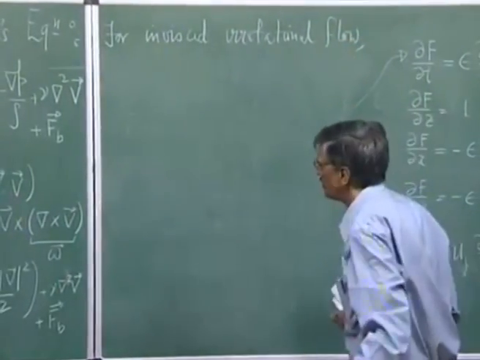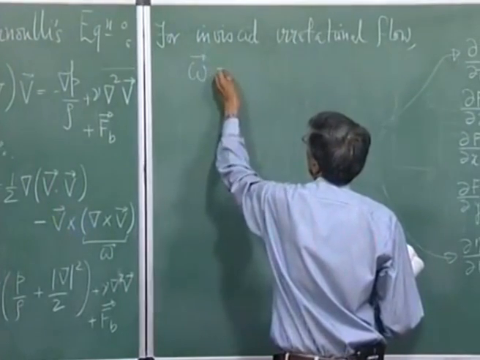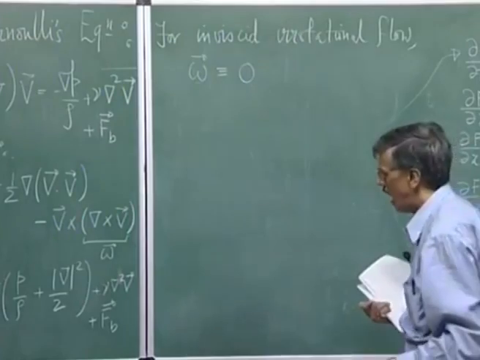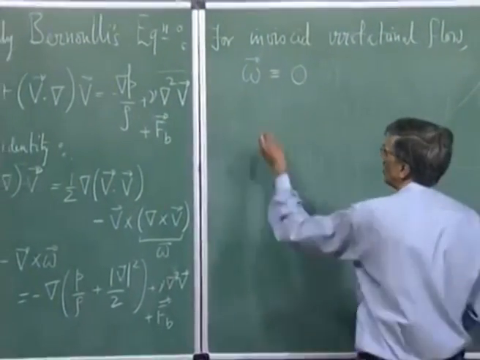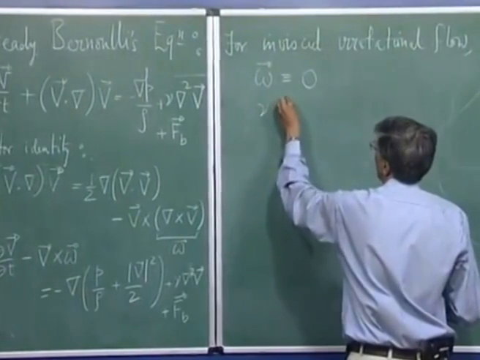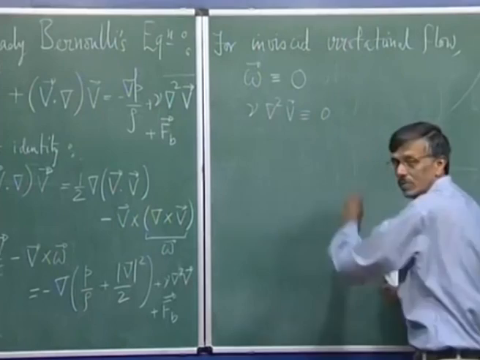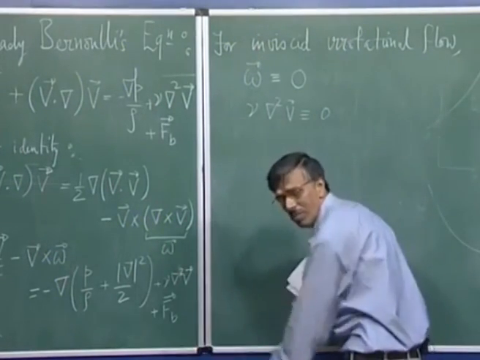Irrotational flow, so this is identically 0, right? And inviscid means the viscous diffusion term is also equal to 0, right? So, I will write that term identically equal to 0. Okay. We have retained a body force term.